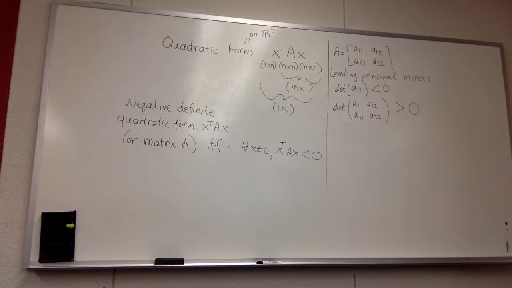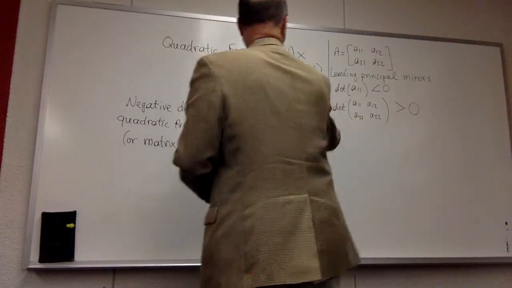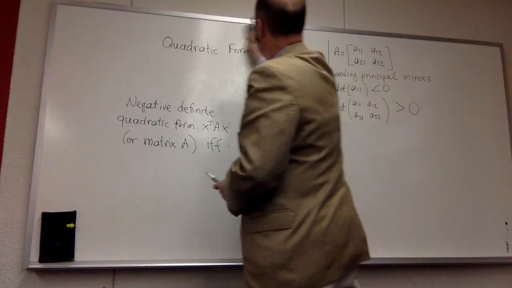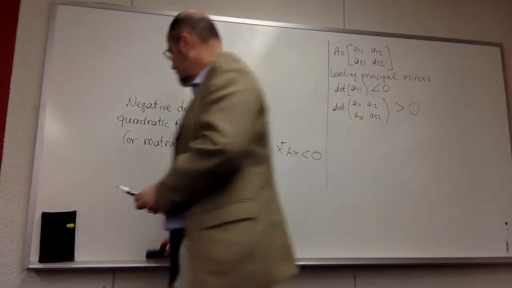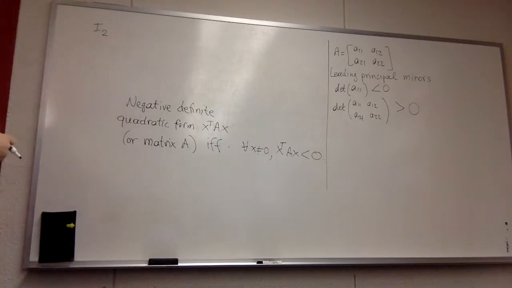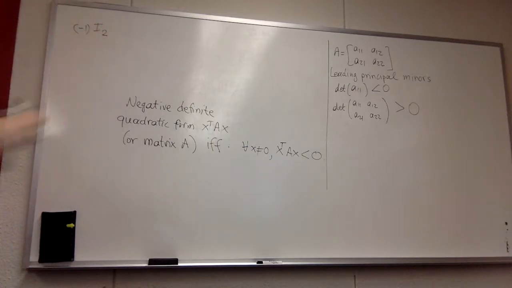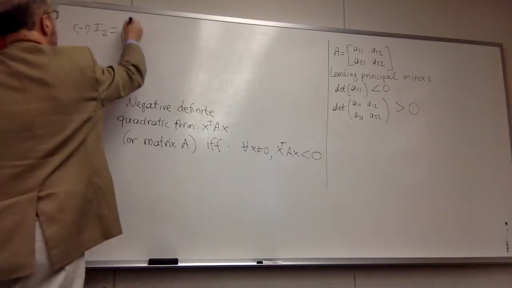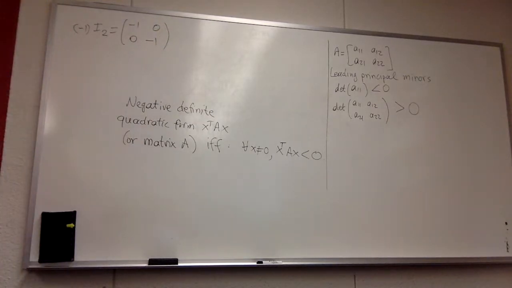Right? Which is why it's really nice that Varian decided to use the most obvious of examples. So suppose I take my matrix to be the identity matrix of order 2 multiplied by -1. It looks like this, right?